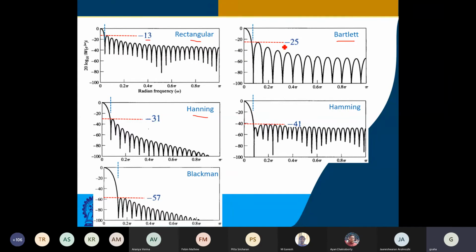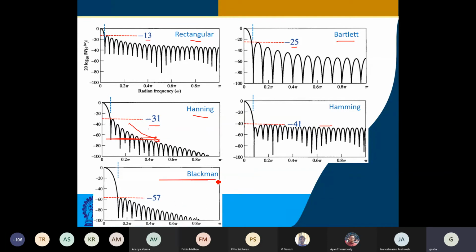It's just an eye approximation. Minus 25 for Bartlett. Minus 31 for Hanning. But Hanning's, you see how quickly it falls. You have seen this happening in those experimentation and the demonstration observation that you made. This is 41. This is less, but after that the rate of fall is not that high.